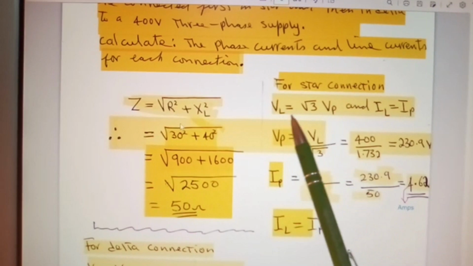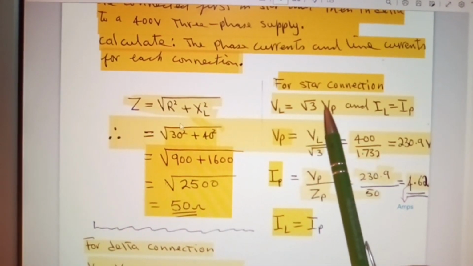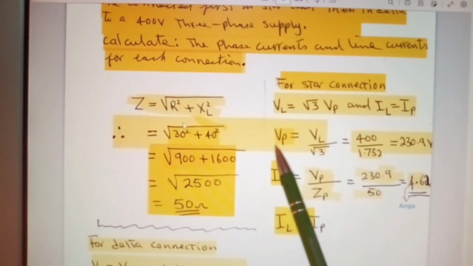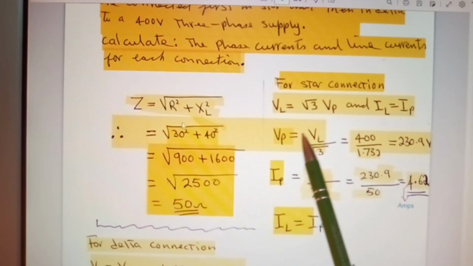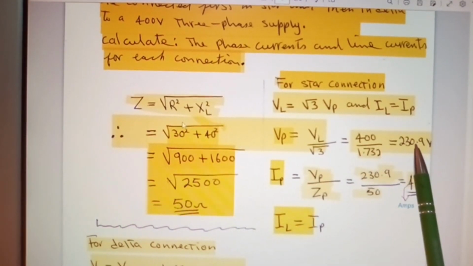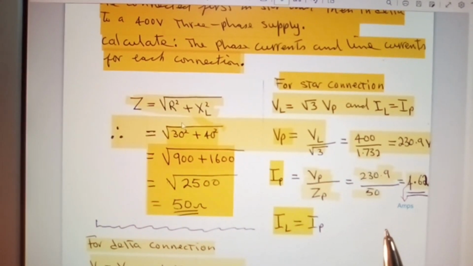For star connection here, we have VL equals square root of 3 times VP, and IL equals IP. So here, voltage phase equals VL over square root of 3, and that is 230.9 volts. Again, do this for yourselves, make sure that it works for you.